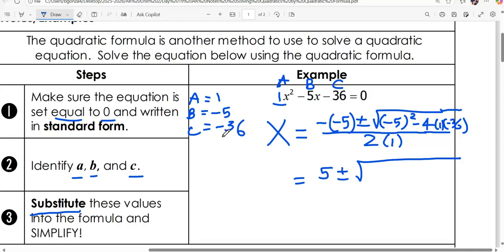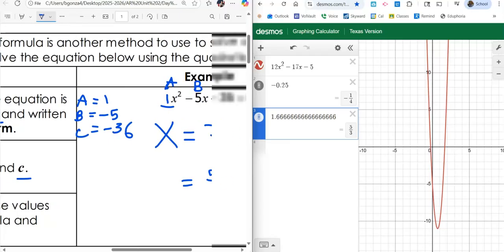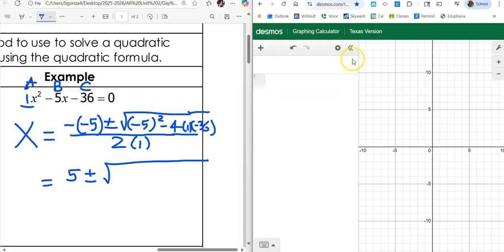Not in a bad way, but in an information way. So here's what we're going to do. We are going to simplify everything under the square root sign. So negative 5 squared minus 4 times 1 times negative 36.